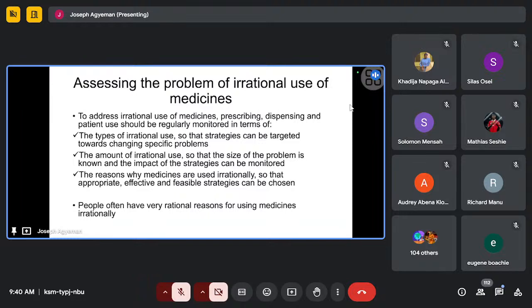A typical example is when you lack access to medicines, you are sick, and you don't have any chance of getting any medicine. Then, lucky enough, somebody comes in as a peddler, an itinerant medicine supplier, comes to your village and sells drugs to you. You will take those medicines and hope that you get well.